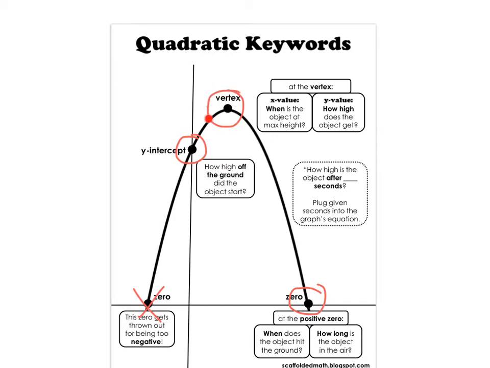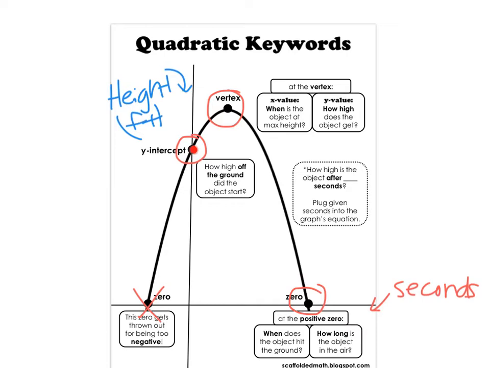So the vertex tells us some information. When we're doing these types of problems, the x-axis, which is right here, is in time, and it's usually in seconds. And then the y-axis, which is right here, is usually height, and height is measured in feet. So when we look at this part of the parabola, we have our y-intercept.